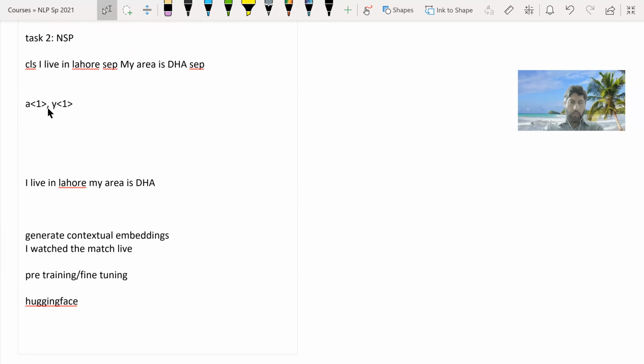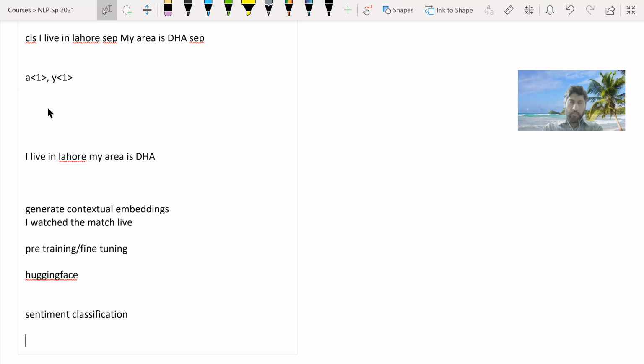Okay, so we're talking about pre-training and fine-tuning. Let's say you want to do some classification problem, for example sentiment classification. Just take the BERT model and chop out the output layer, maybe even some of the hidden layers if you want to, and then fine-tune that model on the data set that you have for sentiment classification. And how will sentiment classification work here? You will have some CLS token and then I like the movie.